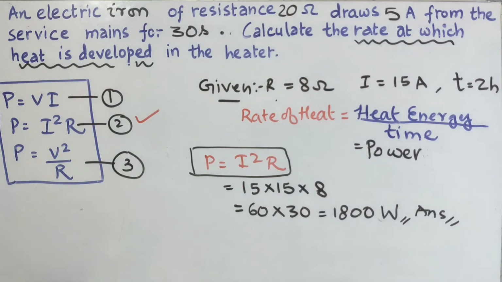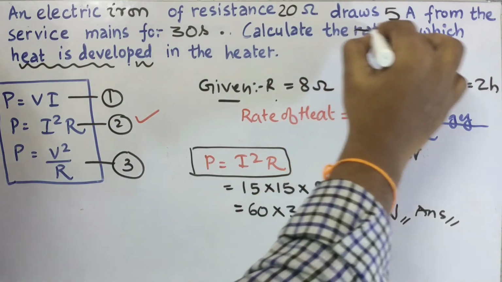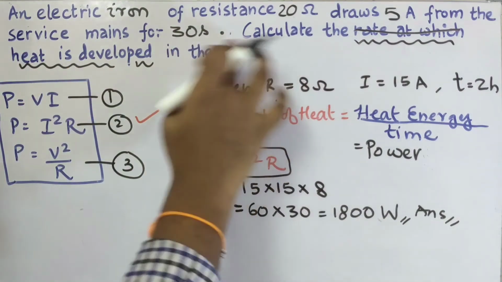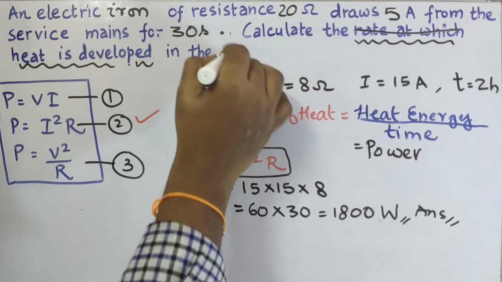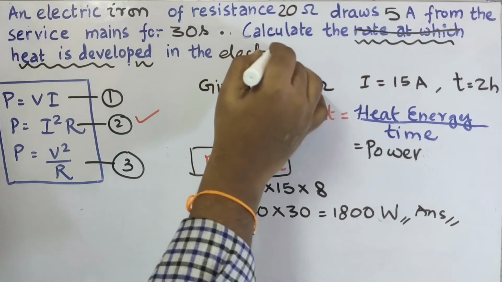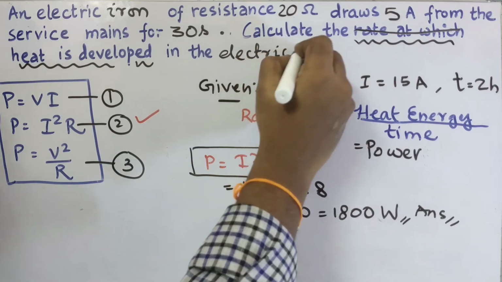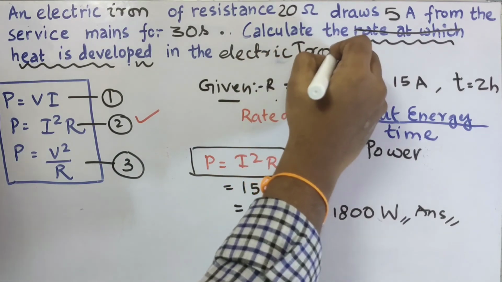So let's calculate the heat developed in the electric iron. So we have a new question now.